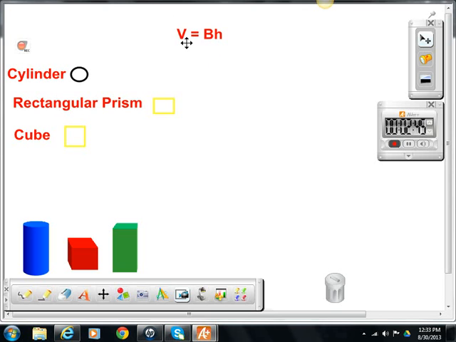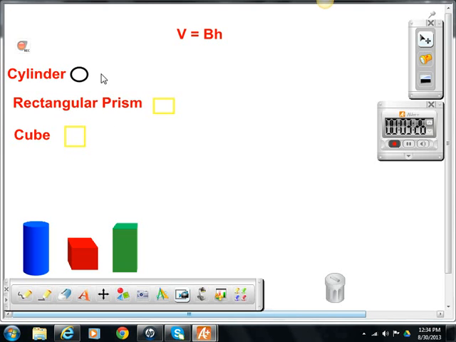The area of the base is denoted by big B. So I've drawn in the base of a cylinder, which is a circle. The base of a rectangular prism, here in green, is a rectangle. And the base of our cube is a square.